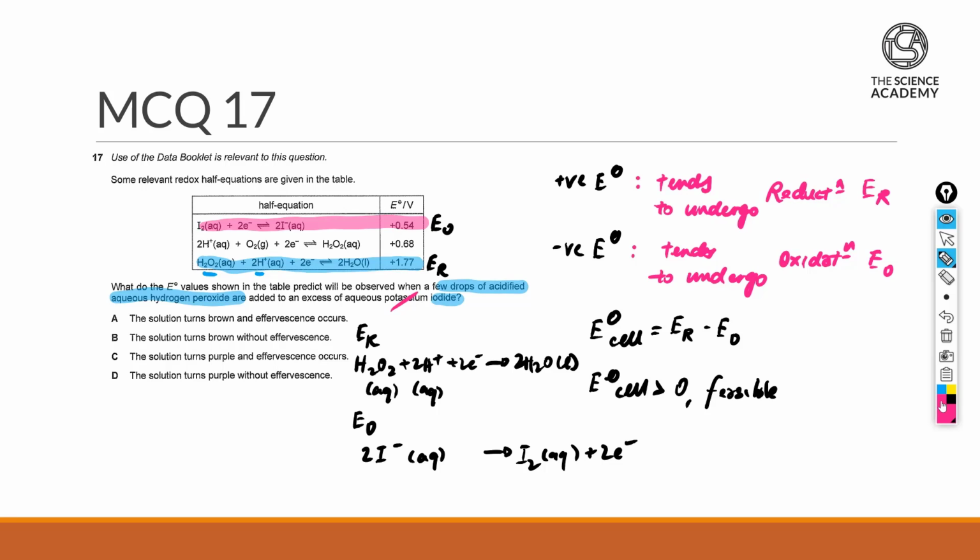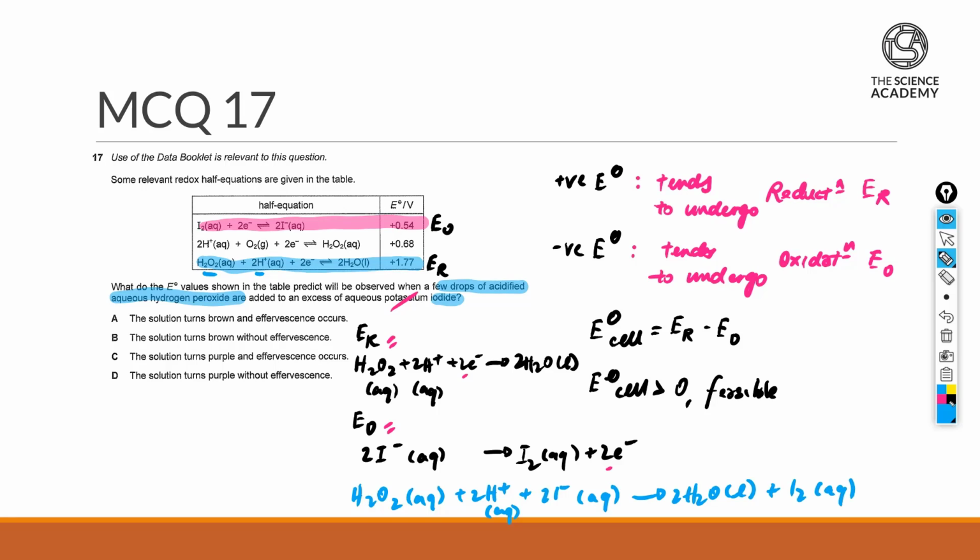So fusing both half equations by taking the same number of electrons, which is 2 each, the overall equation will look as such: peroxide plus 2H+ plus 2 iodide will become 2 units of water plus iodine solution.